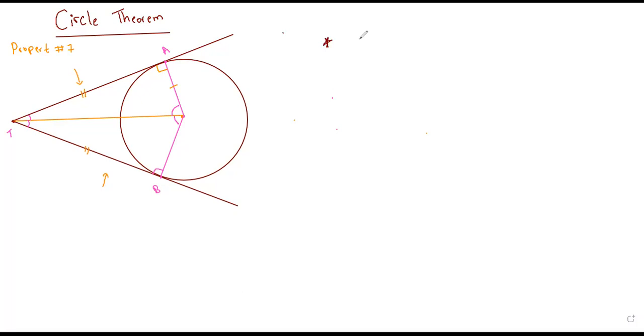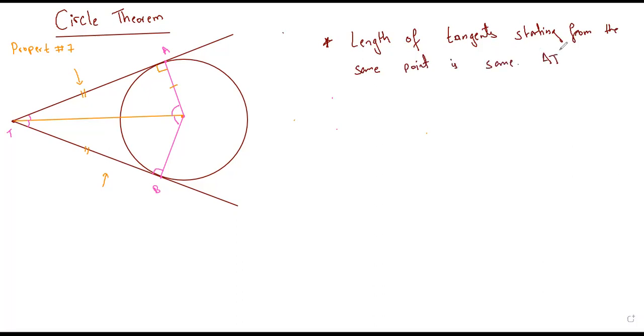The kite property says that the length of tangents starting from the same point, that is T in our case, is the same. AT equals BT.